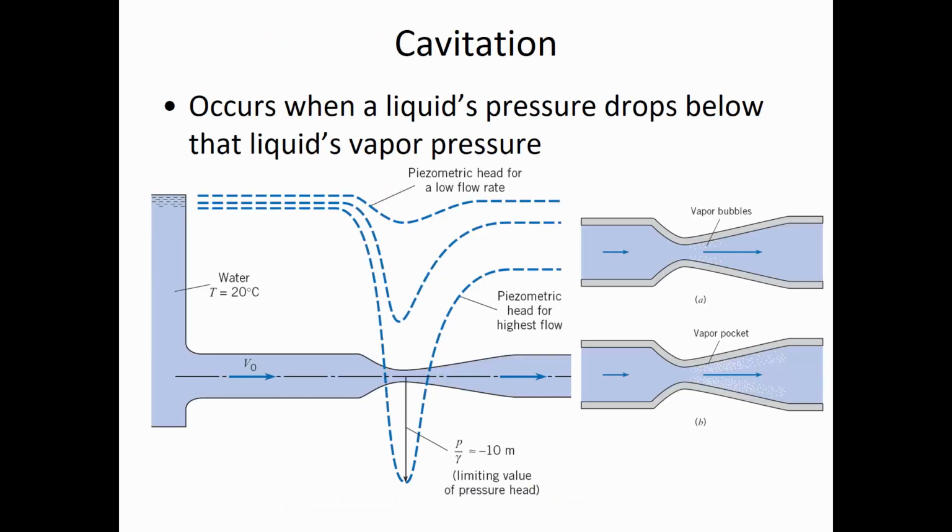Is that true when it's just like a sudden change in velocity? Well, it could be a gradual change. One of the places that people talk about cavitation the most is in submarines, like the propeller on the back of a submarine. And the cavitation occurs when the submarine is accelerating and also when it's moving at high speeds.